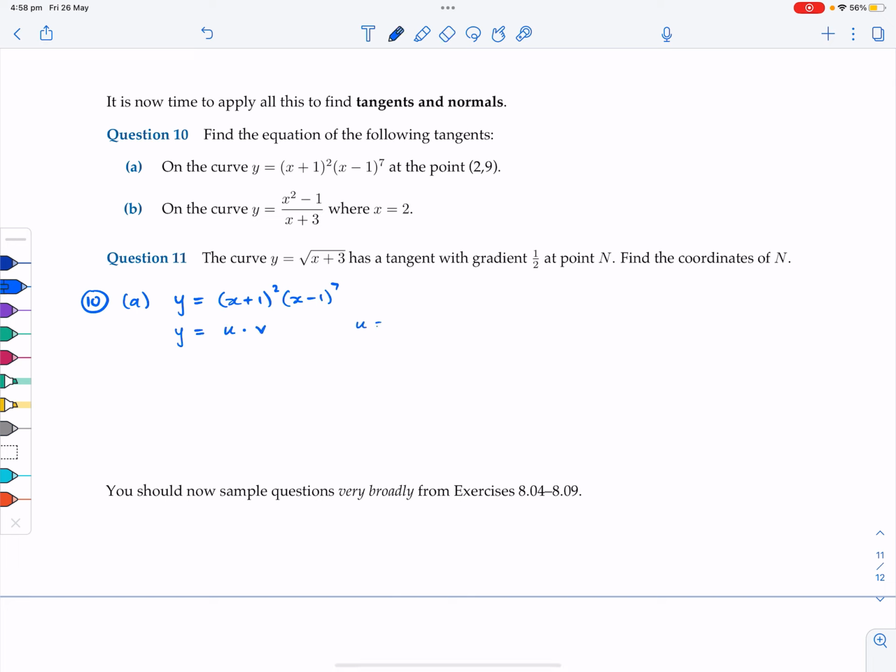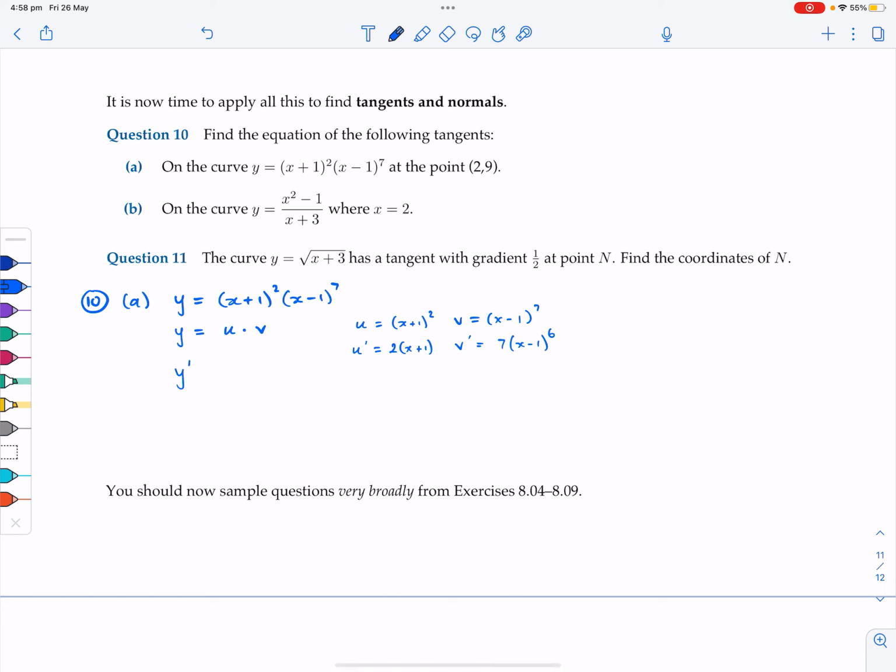So u equals (x plus 1) squared, and v is (x minus 1) to the 7. So u dash is 2 lots of (x plus 1) to the 1 times 1. So the index is 1, and we multiply by the derivative of the inside. And v dash is 7 lots of (x minus 1) to the 6 times 1.